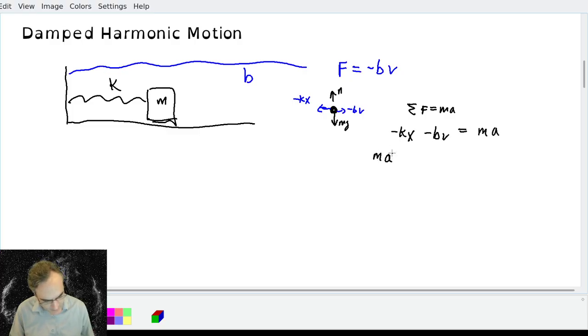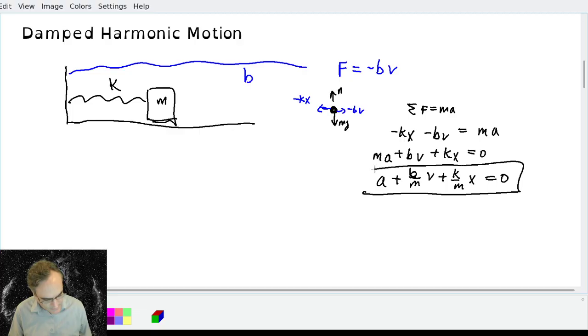A quick rearrangement later to put everything on the same side and isolate the acceleration, and we'll get this. Notice that's a different linear differential equation.